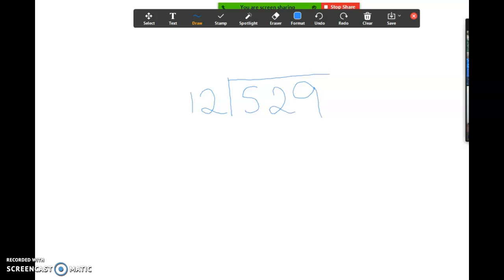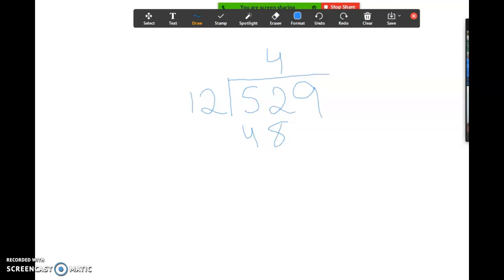Okay, so first, how many times does 12 go into 52? It goes in 4 times. Okay. Where do I put that 4? Above the 2. Nice work. And then I did 4 times 12, which gave me 48.